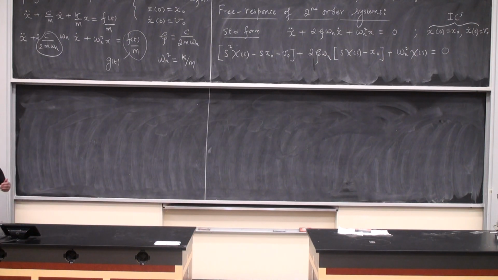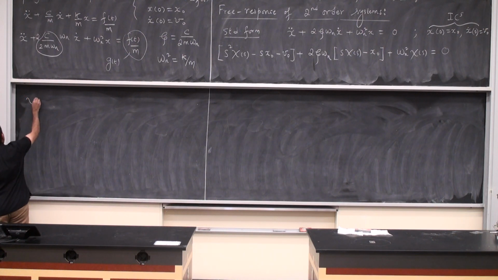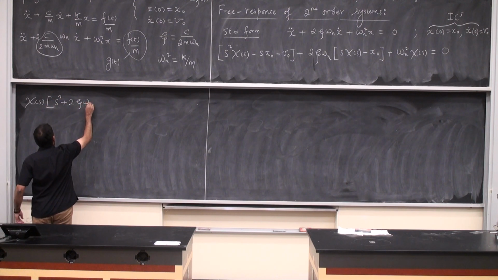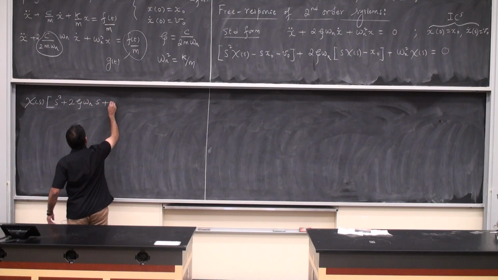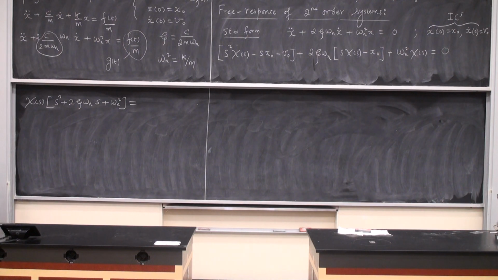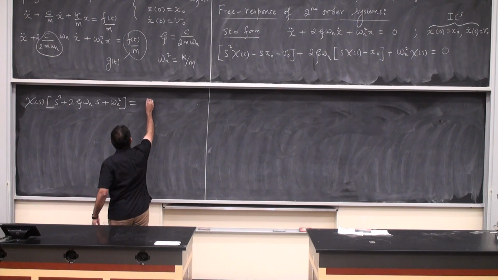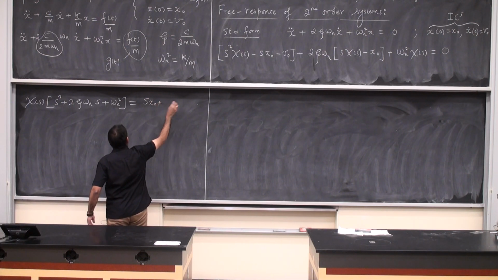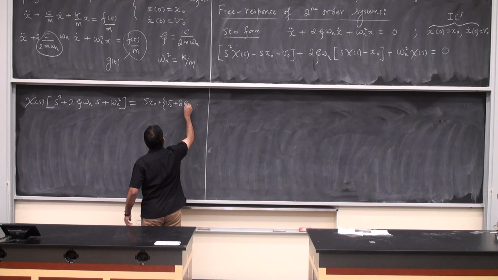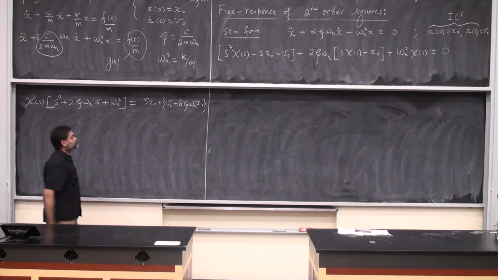Alright, now I take X(s) terms, throw the rest of them onto the other side. We've done this manipulation multiple times. So I have X(s) times (s square + 2 zeta omega n s + omega n square). These are all terms containing X(s) on the left hand side. Then on the right hand side, all the other terms. Okay, so watch this. This is s times x naught plus v naught plus 2 zeta omega n x naught.